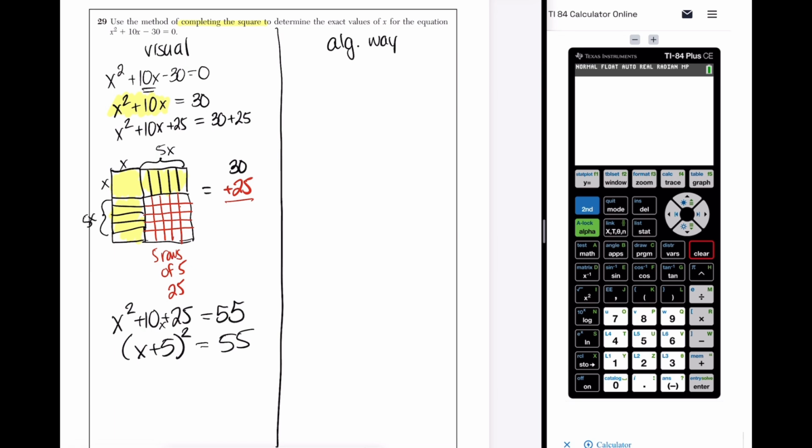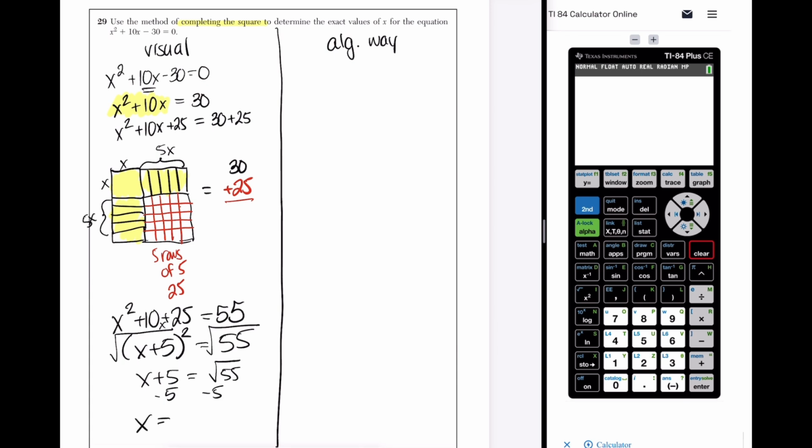So I'm going to find the square roots of both sides. So I now have x plus 5 is equal to the square root of 55. And now over here I'm going to subtract 5. And on the other side, I'm going to subtract 5.